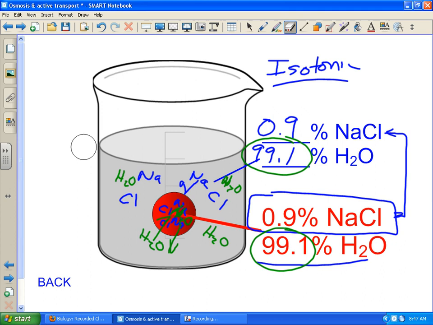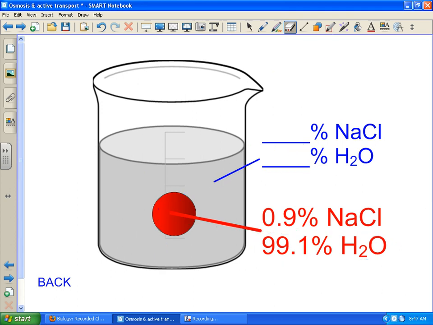Let's get rid of some of this. Okay, so we're back to our regular picture, you can make another sketch. We still have 0.9% salt inside, but this time we want to make the outside hypertonic. Well, hyper's greater.